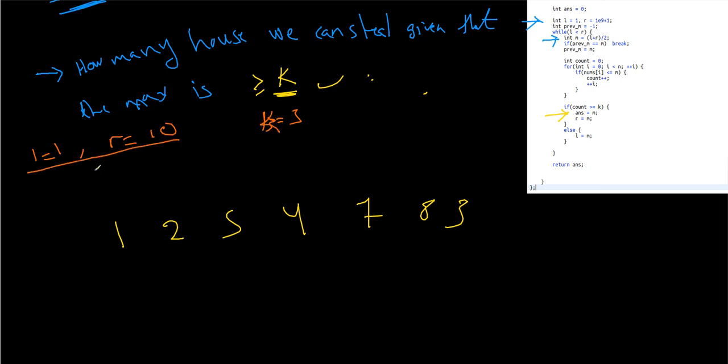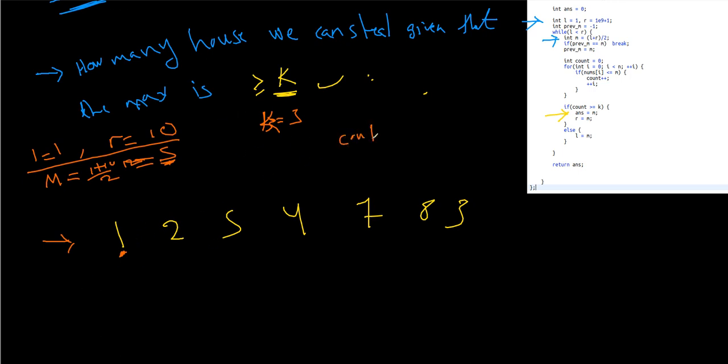So we start iteration by M equal 1 plus 10 divided by 2, and this equals 5. Now we need to see how many houses we can steal such that the house contains money less than or equal to 5.